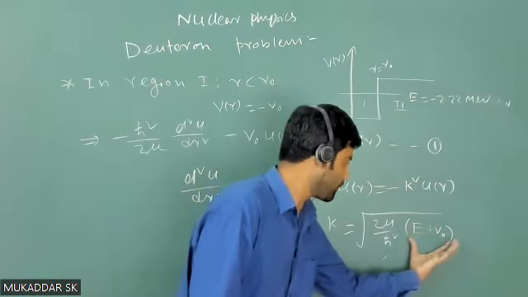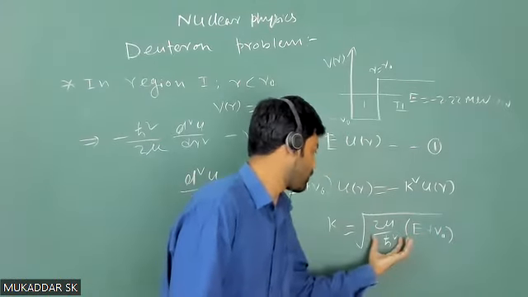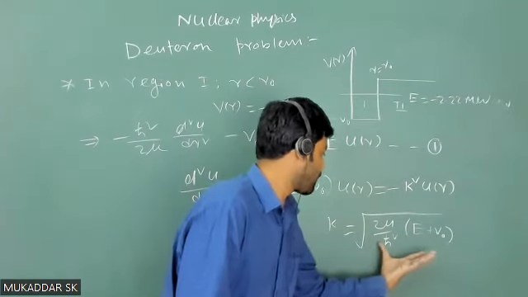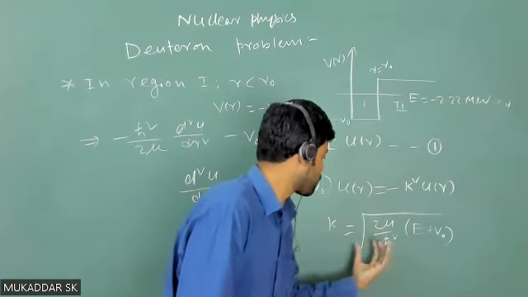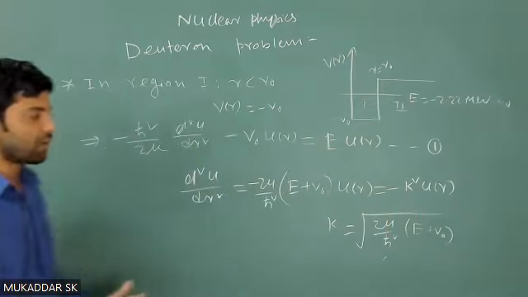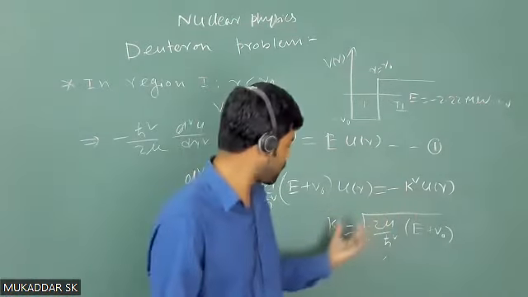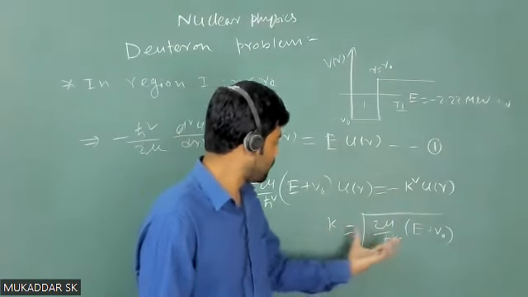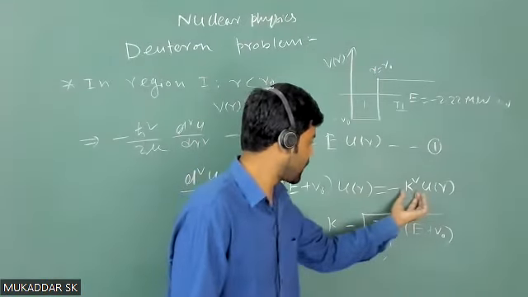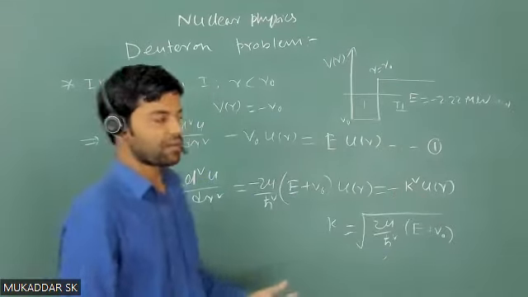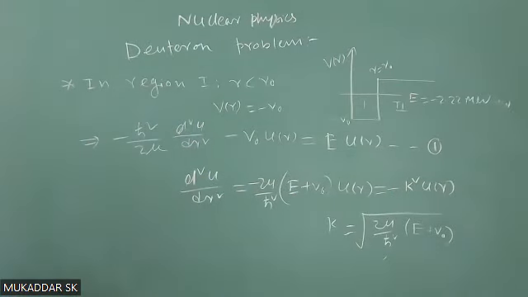So as a result, this will be your positive number. This is already a positive number. So as a result, if you take the square root of a positive number, obviously that will be some real quantity. So you have to choose this factor in such a way that it should be real, because at the end this represents the propagation vector, and that should be real.